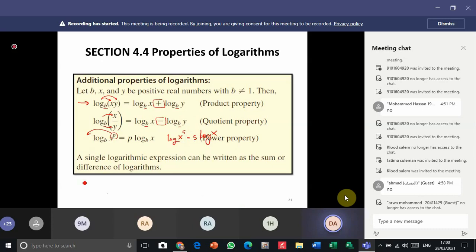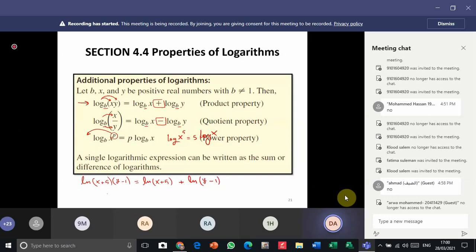In a product, if we have the logarithm or ln of (x + 5) multiplied by (y − 1), we can distribute: ln(x + 5) plus ln(y − 1), for example.